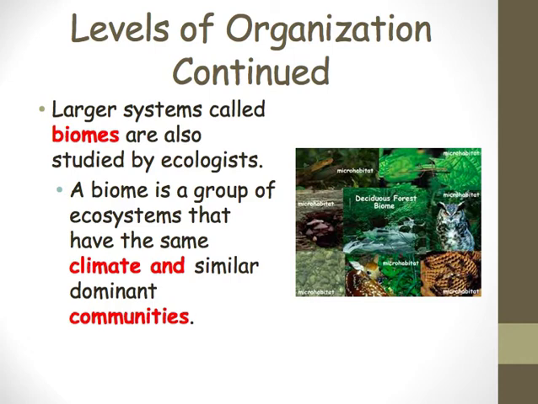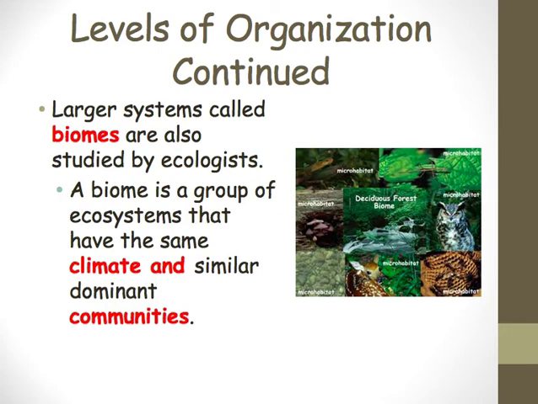The larger systems are called biomes. A biome is a group of ecosystems that have the same climate or similar communities. They are definitely going to have the same climate, similar vegetation, and similar animals with certain adaptations.